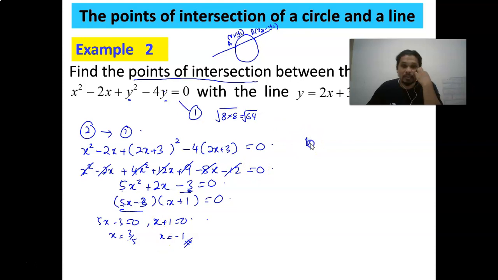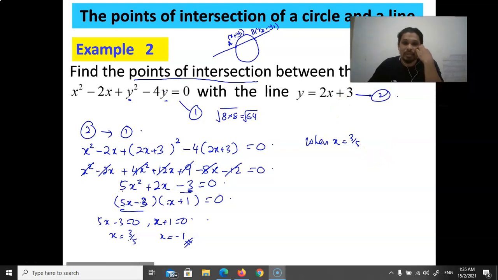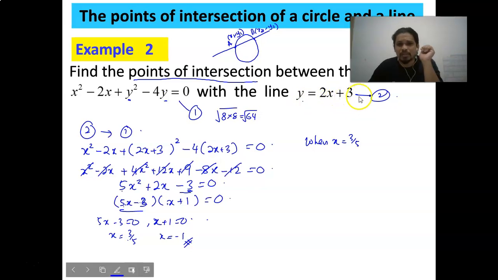So when x equals 3 over 5, you may choose either the equation of the circle or the equation of the straight line. It's all up to you. But why must we make our life hard? Choose the simplest one. You can choose equation 2, the straight line here.